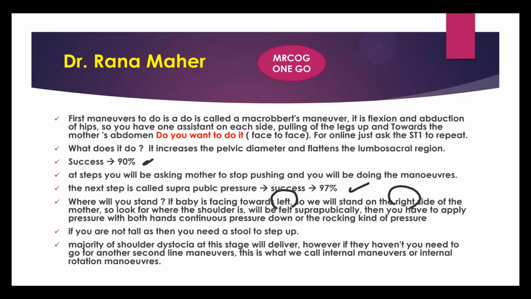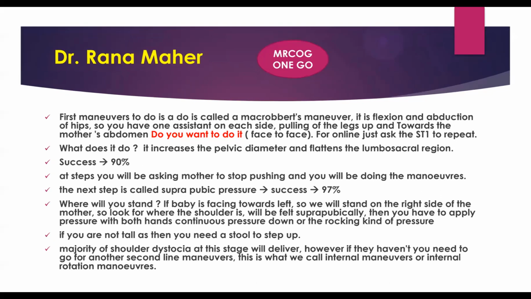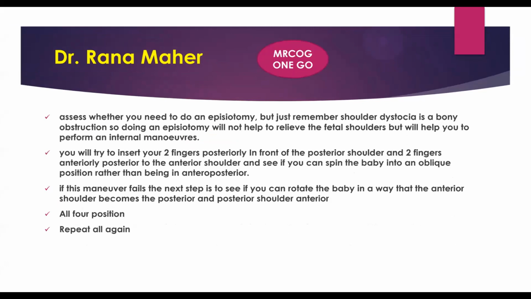When the assistant does suprapubic pressure, he pushes or applies pressure on the shoulders. We just reduce the diameter of the shoulders so we can deliver them easily. The majority of shoulder dystocia cases will be delivered with suprapubic pressure with McRoberts.